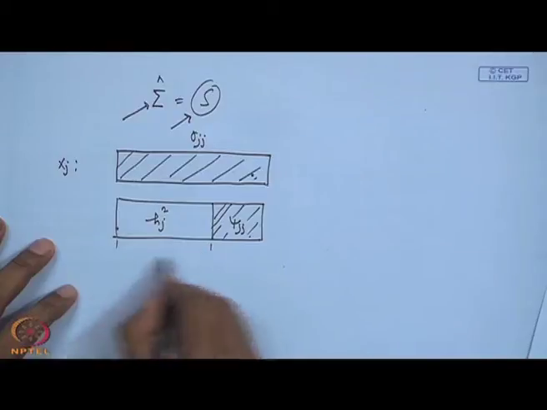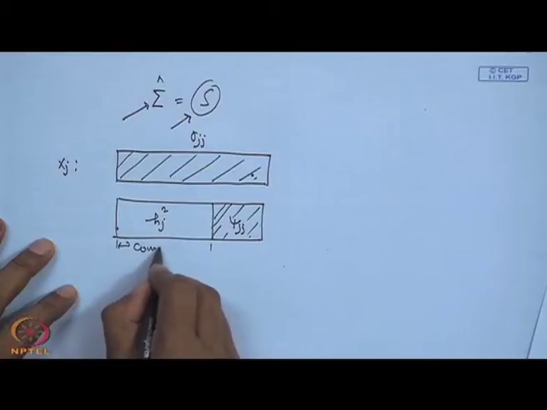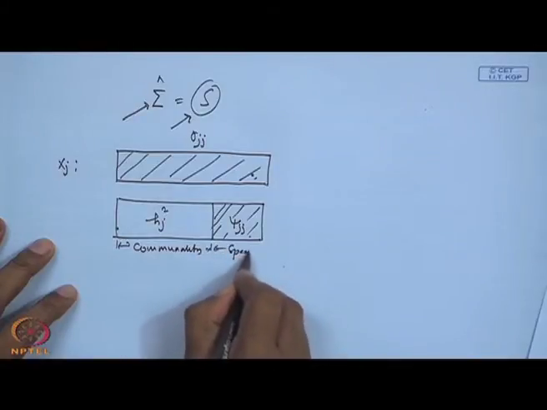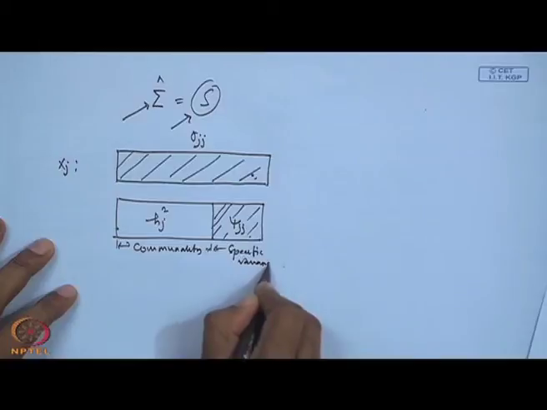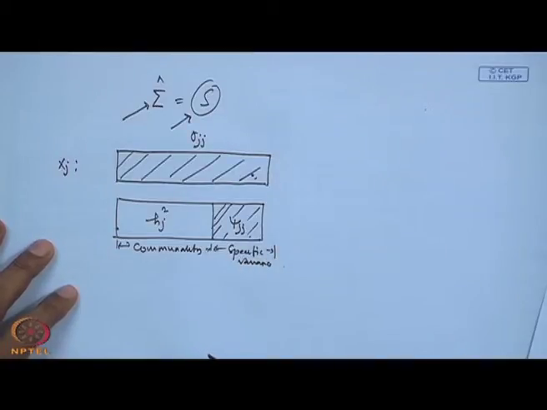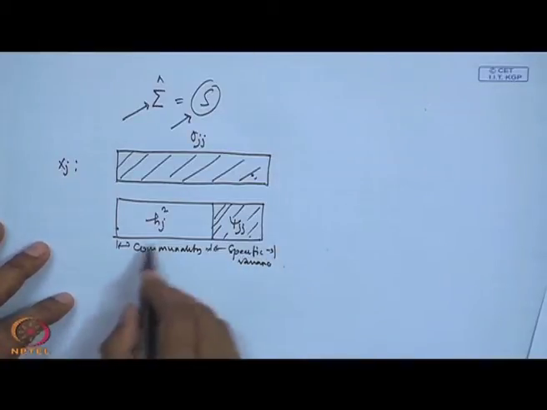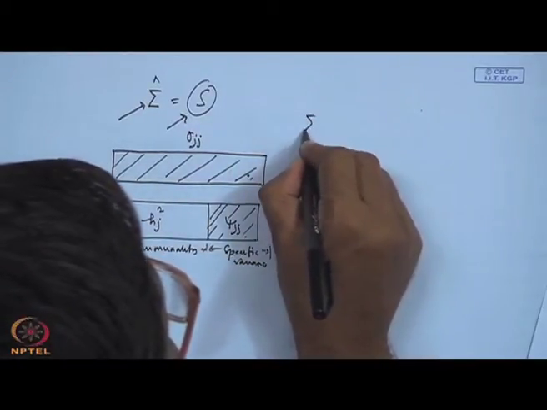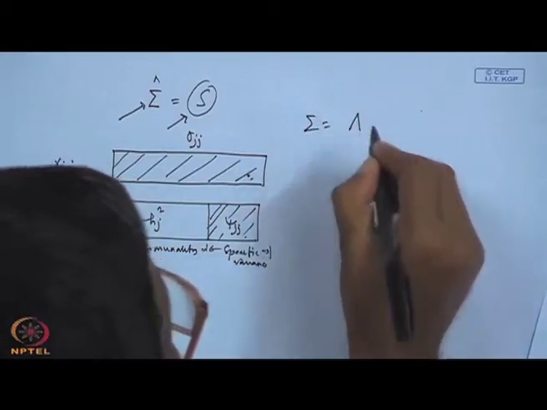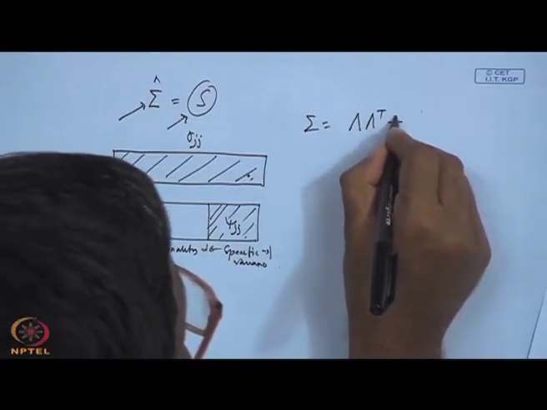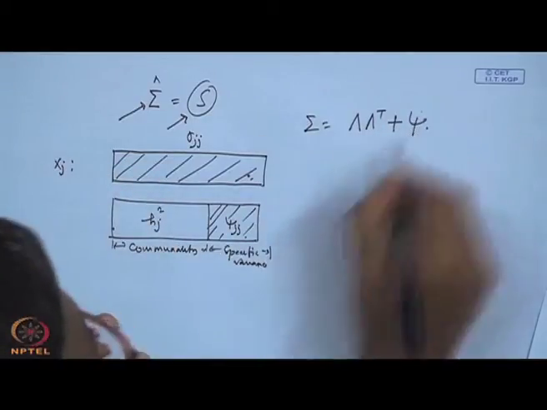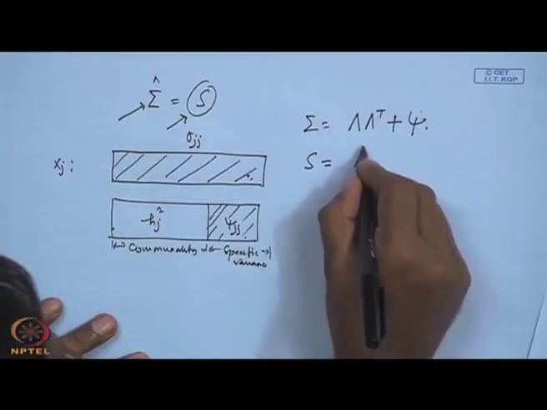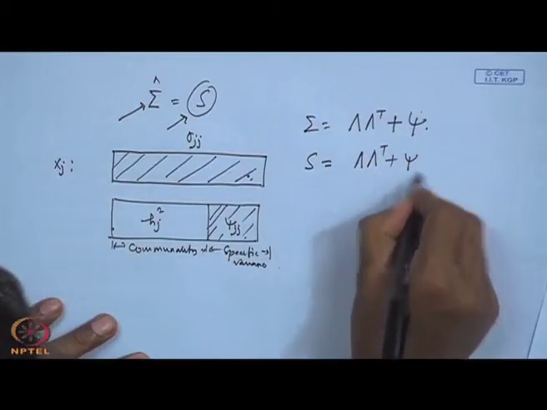This one is the communality, and this is your specific variance. Also you have seen that your sigma is lambda lambda transpose plus psi, or for S, you can write S as this plus psi.